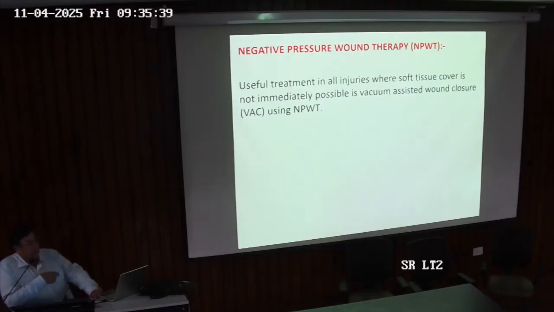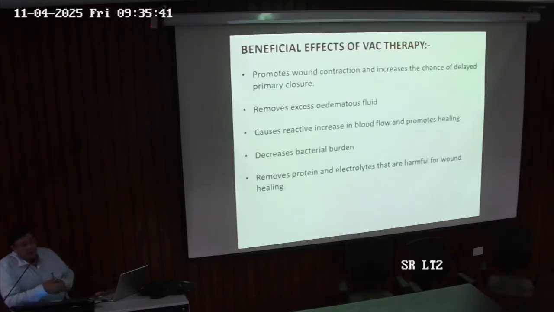It further enhances the vascularity of the tissues, as the back pressure of the fluids is removed and negative pressure is there. So healing is promoted, and bacterial pus, if it is forming, is removed by the negative pressure.